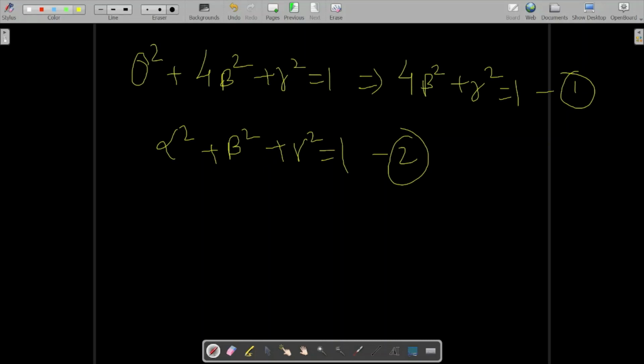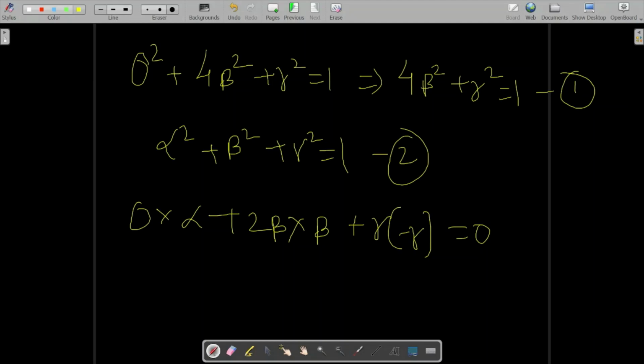For the third equation, take any two rows, multiply the elements, and it is equal to 0. So your third equation becomes 2 beta square minus gamma square is equal to 0. This is your equation number 3. Now how to solve these equations?